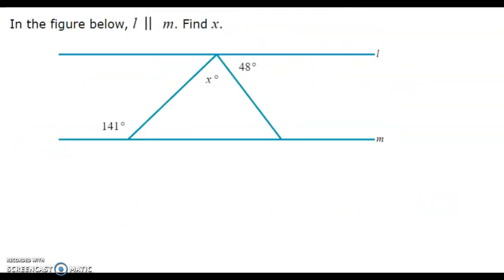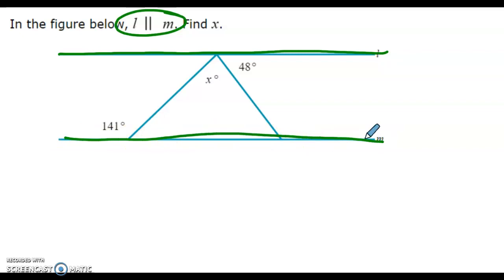And then down here, we're going right back to a little bit of our transversal work. So they're telling you, now we can make some assumptions about angles because they're telling you that these two are parallel. Okay, well, if they're parallel and we need to go find x, what's one of the relations that we can kind of call upon from what we know?